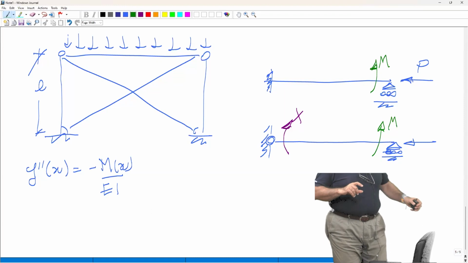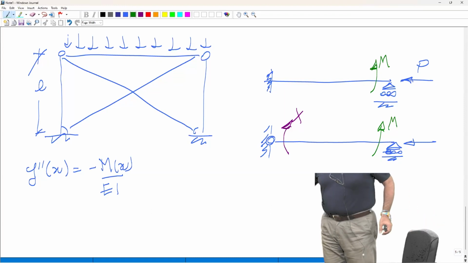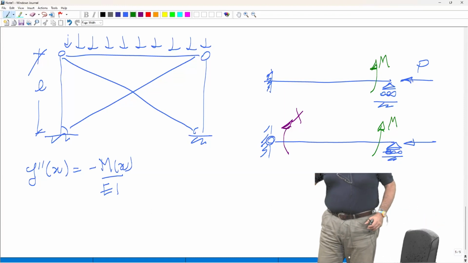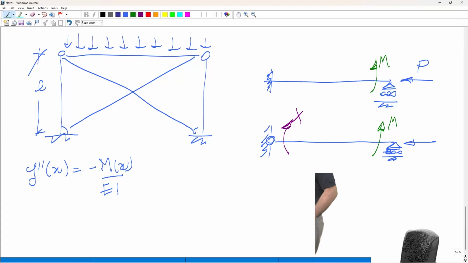So x can be whatever it wants. You can have infinite value of x.